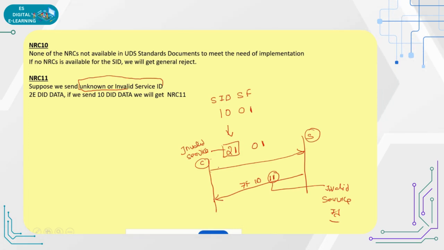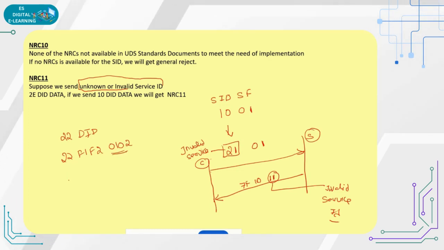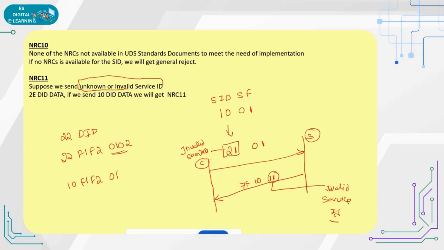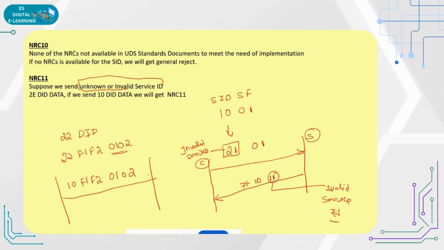Now, instead of that, if you take one more example, like 22 DID, you need to send like 22 F1, F2, some data. This is 2 bytes of data. So instead of 22, if you make it 10 F1, F2, client and server, no?